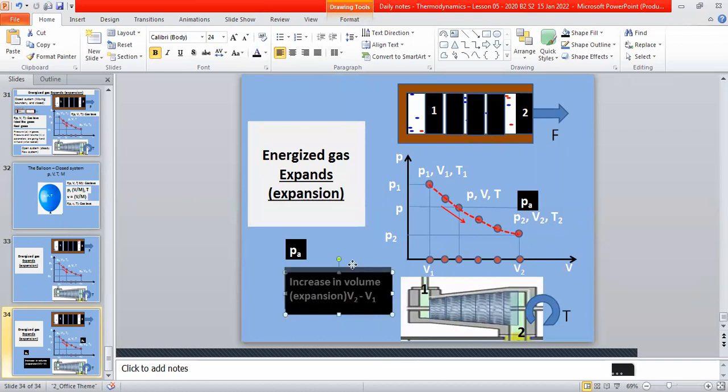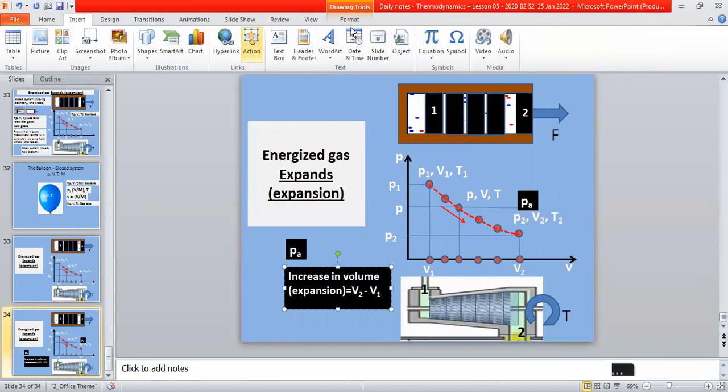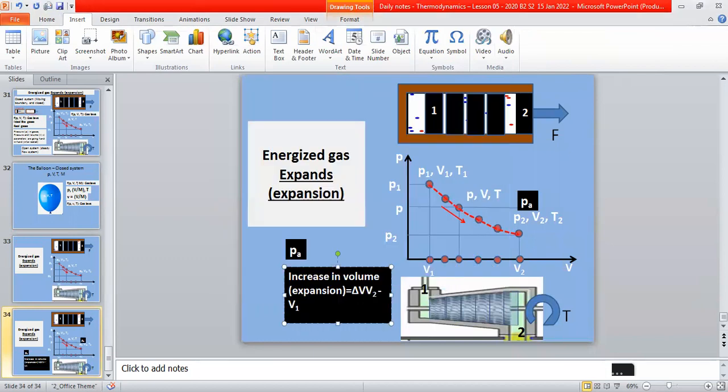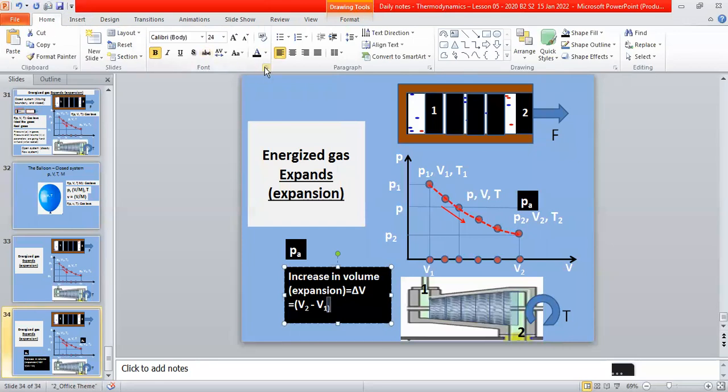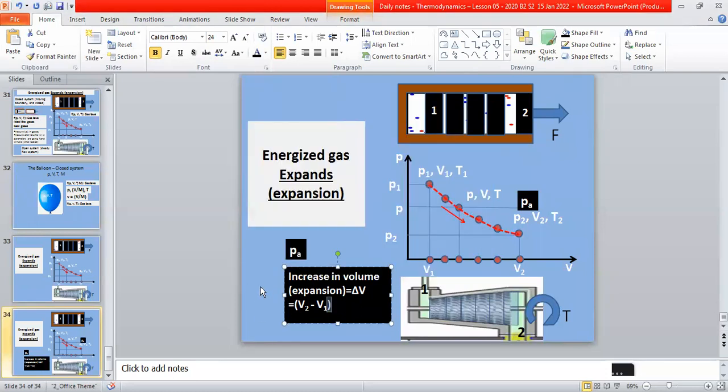There is a symbol we call delta. Generally we use the word delta for change, but this change we consider as an increase.